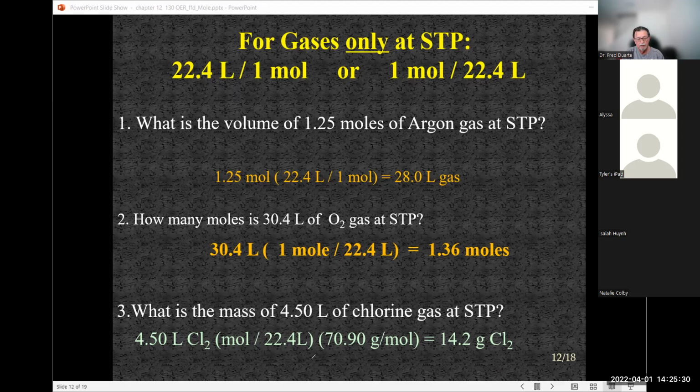Remind yourself, 4.5 is a volume measurement and 22.4 is a measurement, but they both have 3 sig figs. We don't use the sig figs for atomic mass, so our answer should be in 3 sig figs, 14.2. Again, I emphasize, if this was 4.500, your answer would still be 14.2.